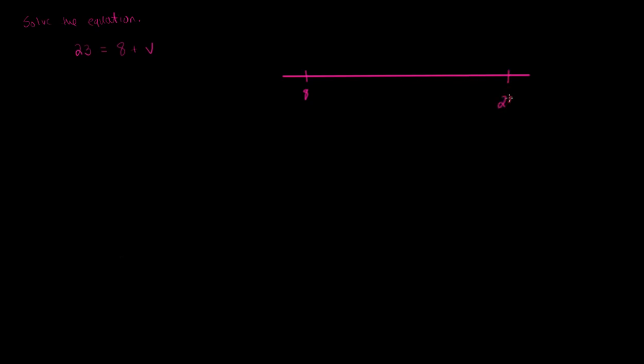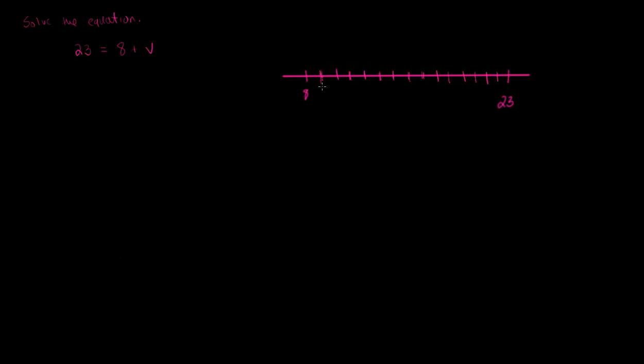What's the space between 23 and 8, right? Well, 8, 9 is 1, right? That's 9, 10, 11, 12, 13, 14, 15, 16, 17, 18, 19, 20, 21, 22, 23.